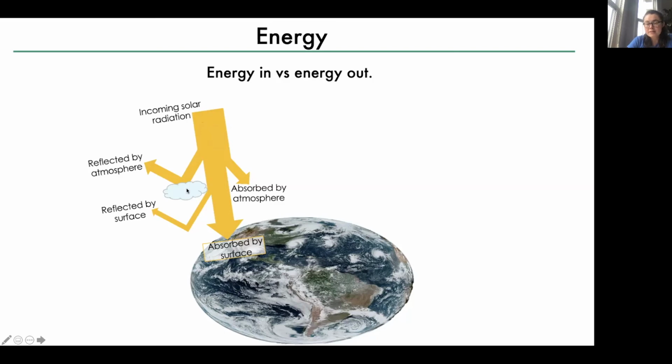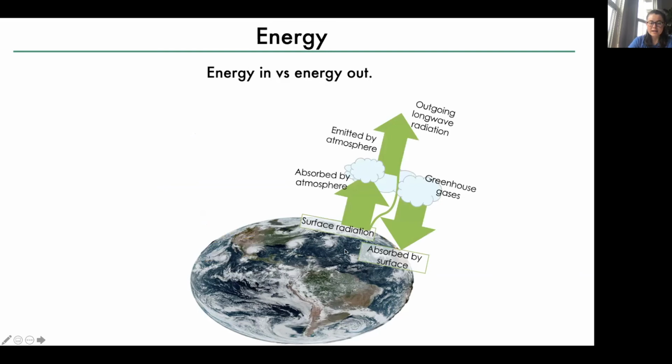So clouds have an albedo as well, a high albedo. Some of it's reflected by the high albedo of the Earth's surface. So places like snow-topped peaks or Antarctica, or even deserts that are kind of light colored will reflect sunlight. And then some amount of that is absorbed by the surface.